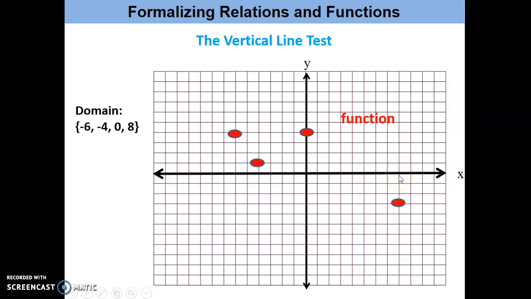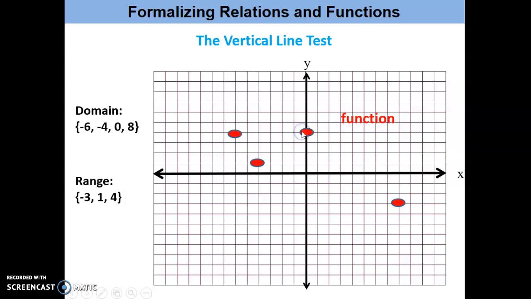Now what about the range? Domain was the x values. So again, our ranges are y values, right? So to find the range, we're going to find our y values real quick. So for the lowest one, we are at -1, 2, 3. So -3. The next one is at +1 for y. And these two are at the same y value.